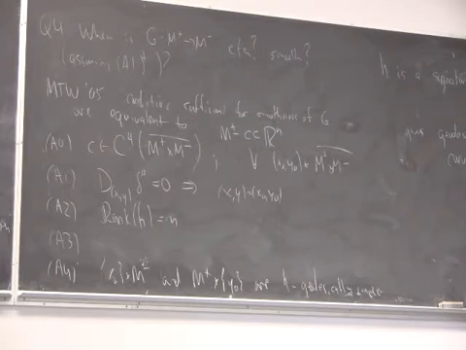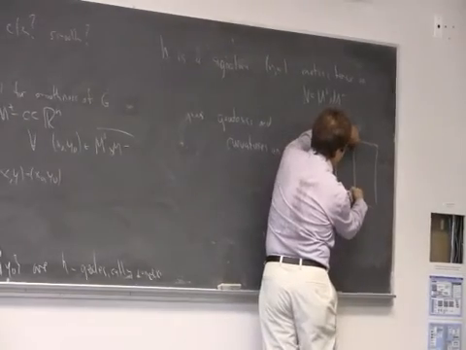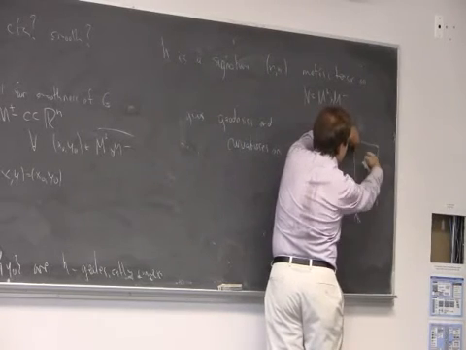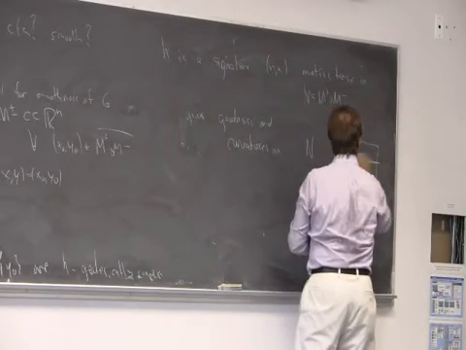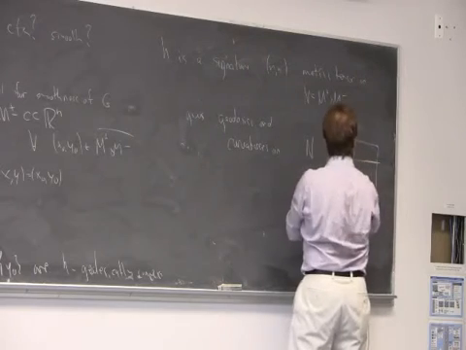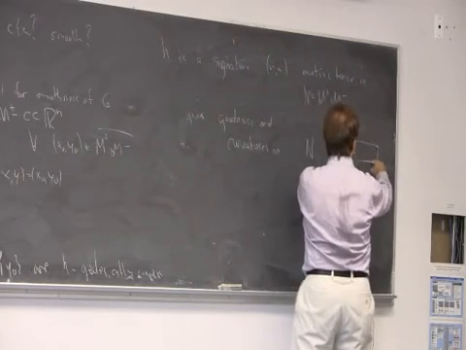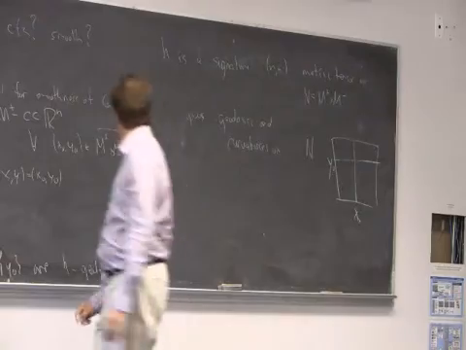So, in other words, if I take a vertical fiber over x naught, any two points here can be joined by an H geodesic, and it doesn't leave that vertical fiber. Similarly, any two points on a horizontal fiber over y naught can be joined by an H geodesic, which doesn't leave that horizontal fiber.